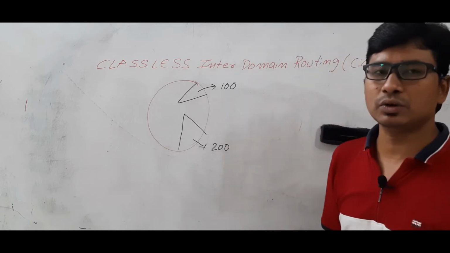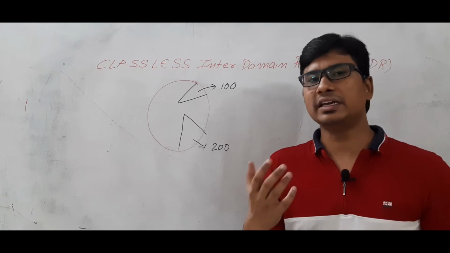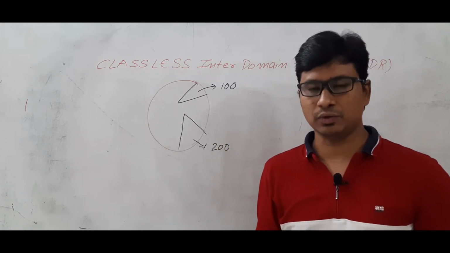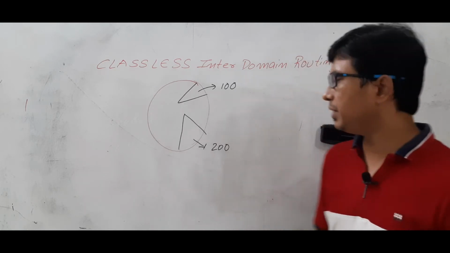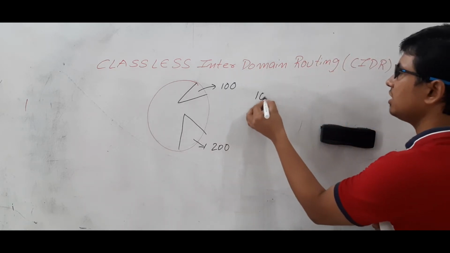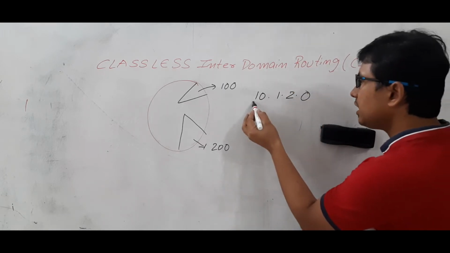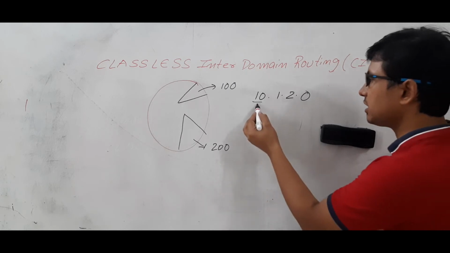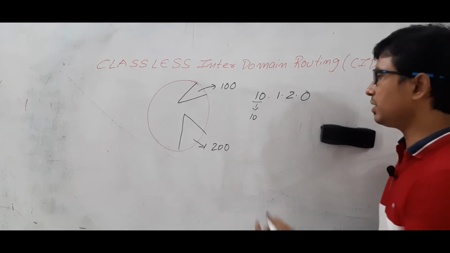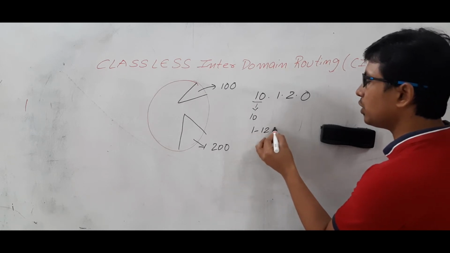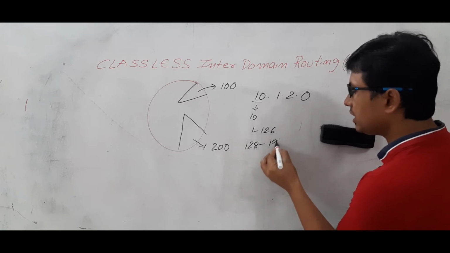You can ask me one question, sir. When it comes to classful, based on the class, I can say how many bits are there for the network ID and how many bits for the host ID. It is very simple for me. Suppose someone has given 10.1.2.0. By looking at the first decimal, it is 10, so I can say this falls in the range of class A, because class A comes from 1 to 126 and class B comes from 128 to 191.